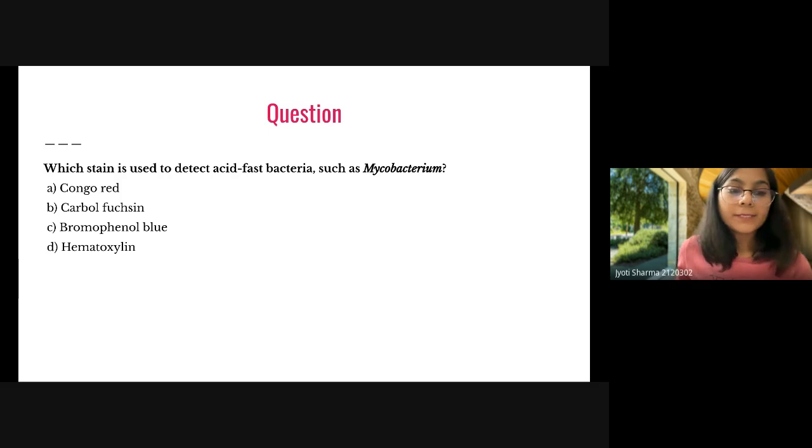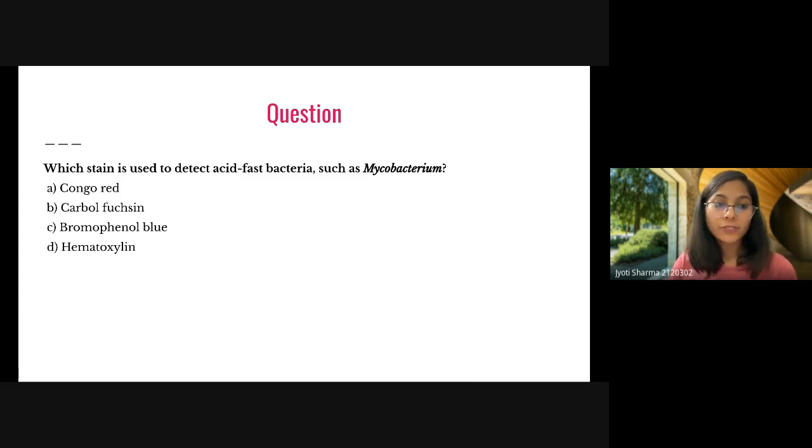Okay, next is, if you want to see whether your bacteria is acid fast or non-acid fast, then again you will use a different kind of dye or staining method. For example, if you have acid fast bacteria such as mycobacteria, what kind of stain will you use?